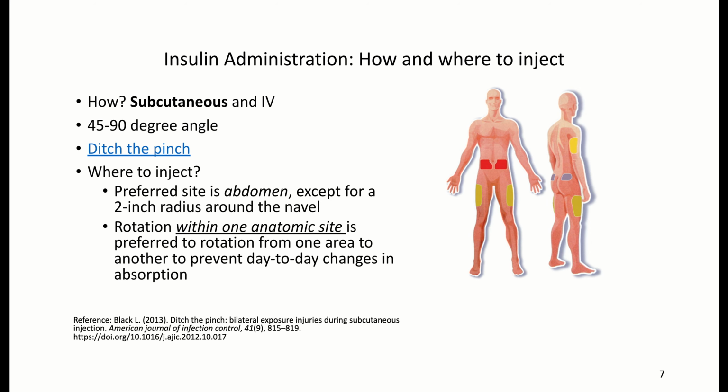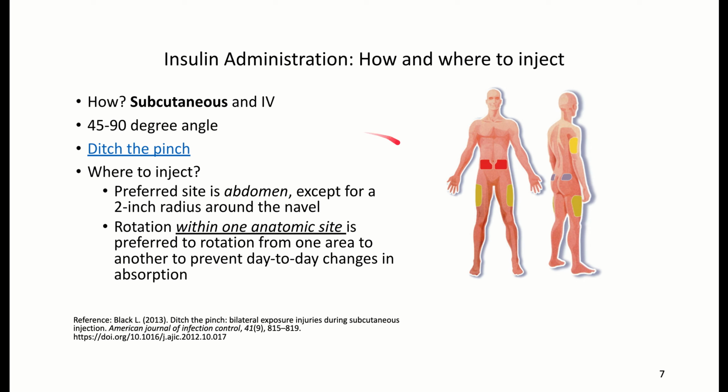And where to inject, the preferred site is the abdomen, except for a 2-inch radius around the navel. And rotation within one anatomic site is preferred to rotation from one area to another to prevent day to day changes in absorption.